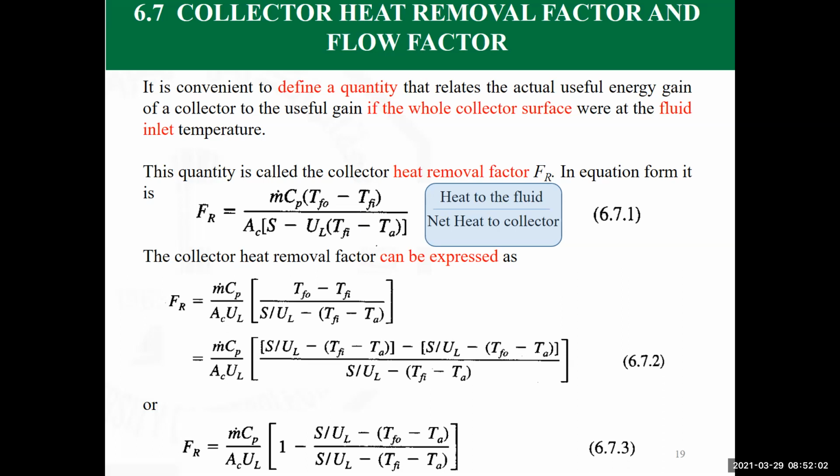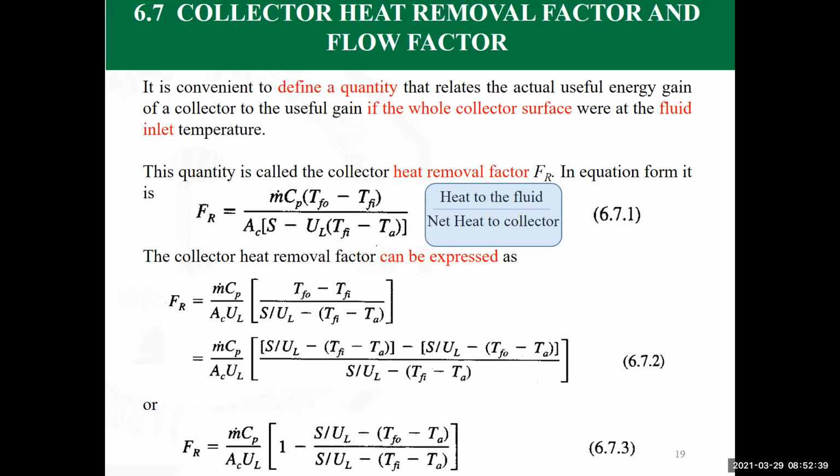So the definition is m dot Cp, T outer minus T inner. This is the actual amount of energy gained by the fluid. Fluid enters the collector at a temperature Tf inlet and leaves at a temperature Tf outlet, so the rate of energy transferred to the fluid is m dot Cp delta T, the outlet temperature minus the inlet temperature, divided by the net energy falling into the collector.